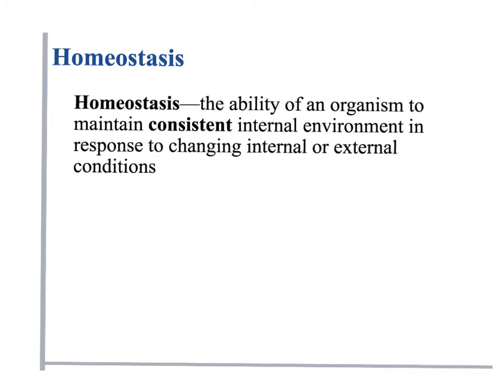Okay, but we're going to maintain homeostasis. Maintain that normal body temperature. We're going to talk about normal amounts of sugar in the blood. Your body's always working to keep you at an even set point. Okay?